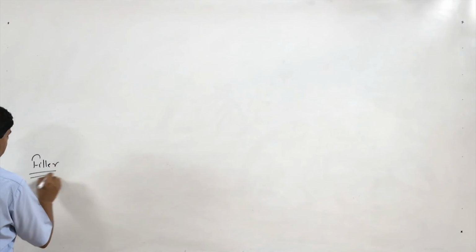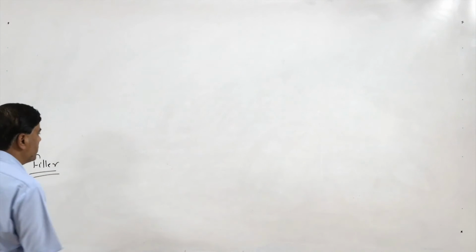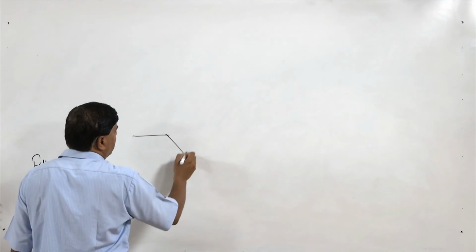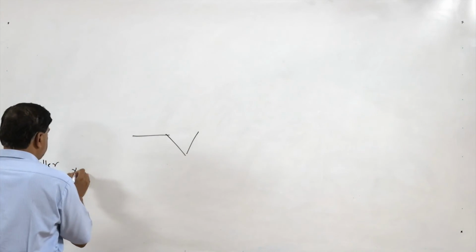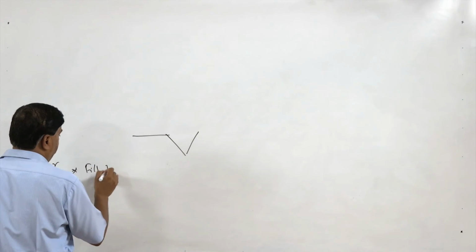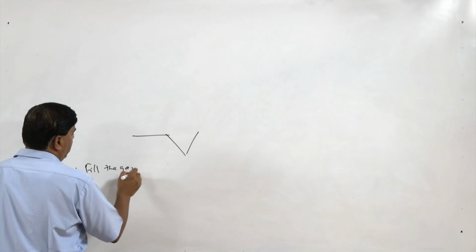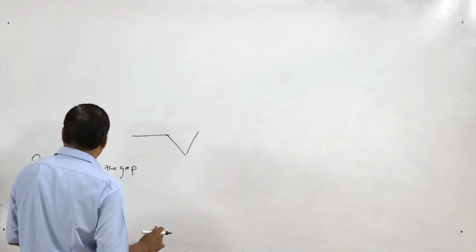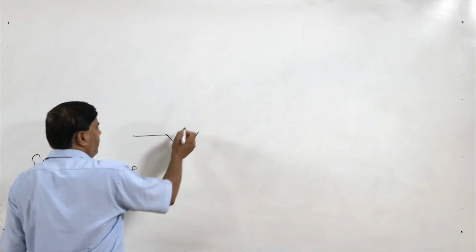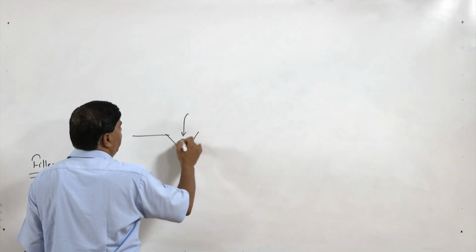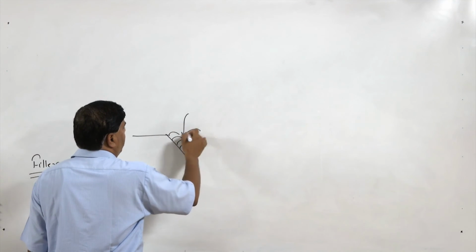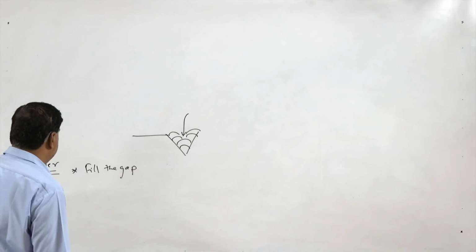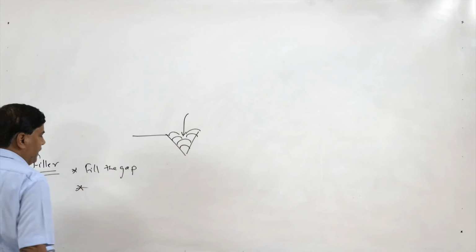And then the use of filler. Use of filler is very important, especially in the case of groove welding, where it is used to fill the gap. So, in all consumable welding processes, the filler plays one big role of filling the gap.